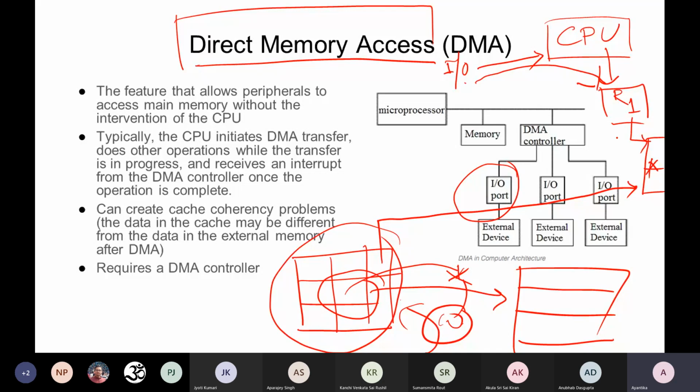It is just taking the IO input and putting it into a register. That is called direct memory access, where we release the CPU from this routine job and DMA takes control. Just see here in the slide: the feature that allows peripherals to access main memory without the intervention of the CPU.